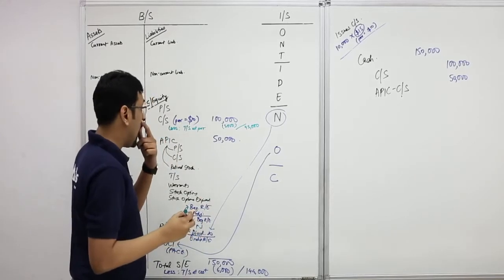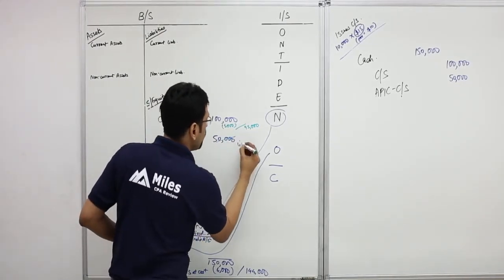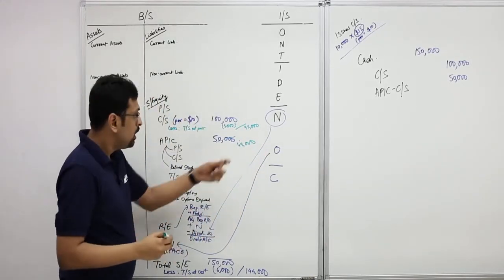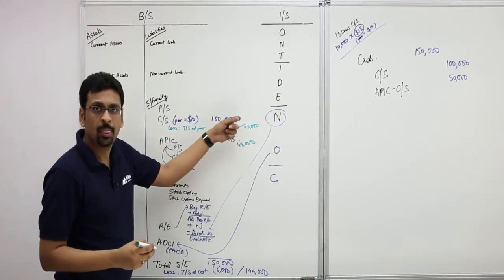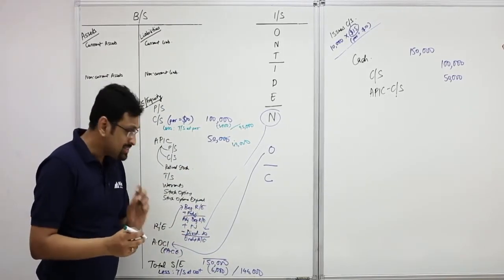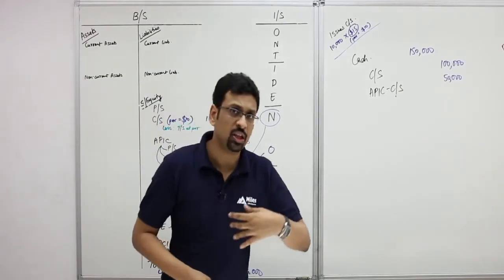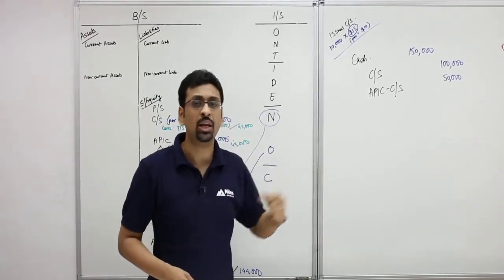And your APIC had a net debit of 1,000. So this 50 would have become 49,000. 95 plus 49, that again is 144. So guys, the last number here, the net stockholders' equity, remains the same whether using the cost method or the par value method.